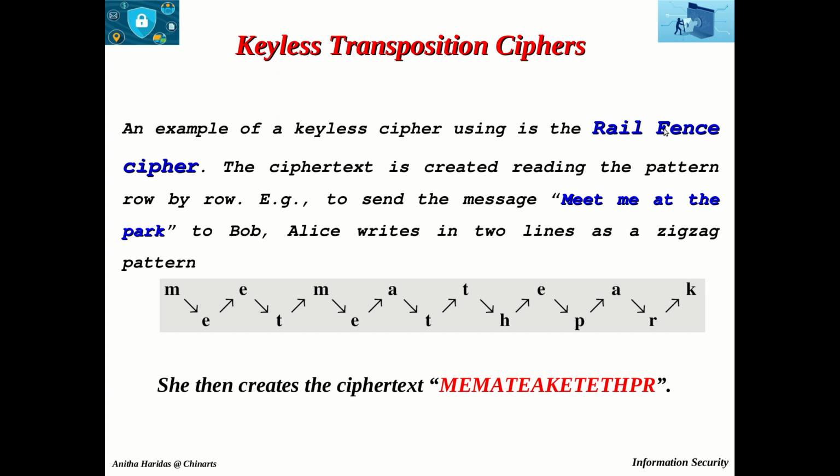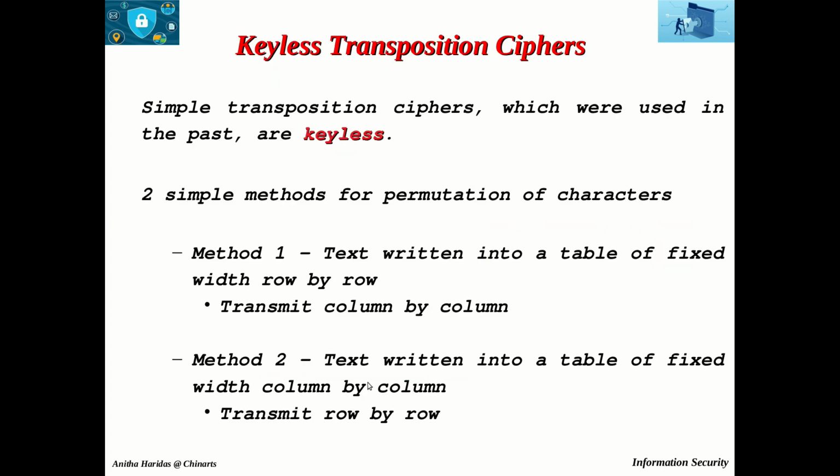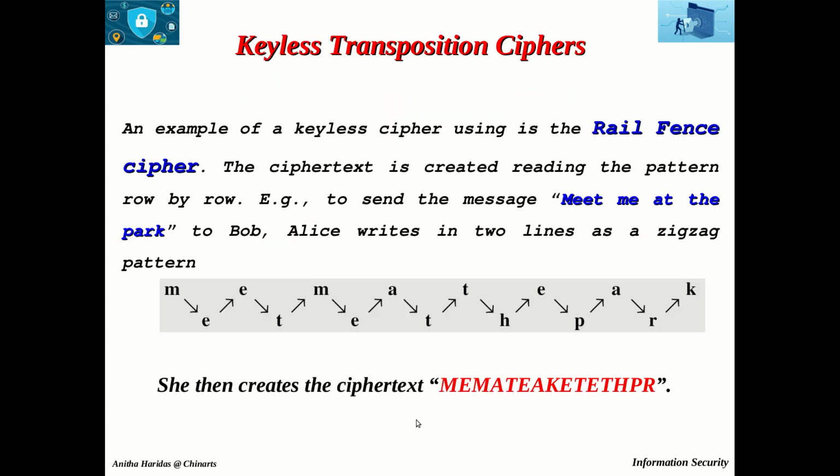So actually you can say the rail fence cipher is also using this particular method, writing it column by column, then transmitting it row by row. Write it column by column, MEET, then ME, like that. So these can be considered as columns, right? And then it will be transmitted row by row. So I think that will be the best explanation for the rail fence cipher.